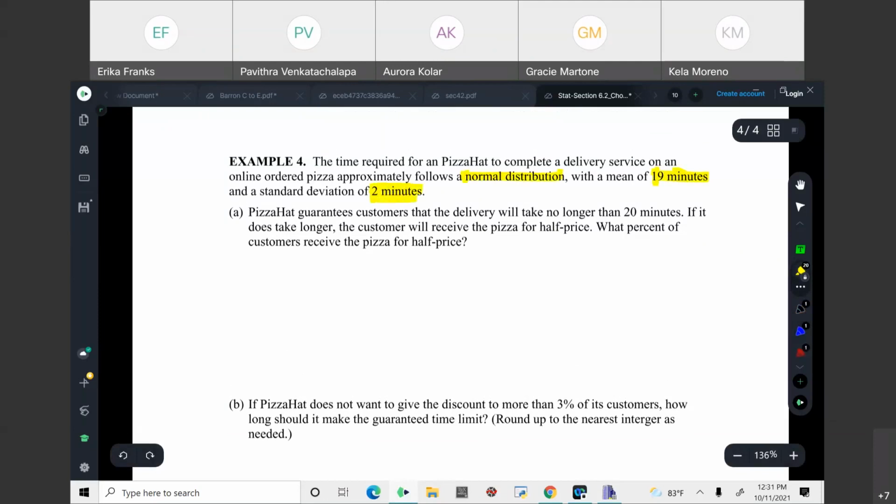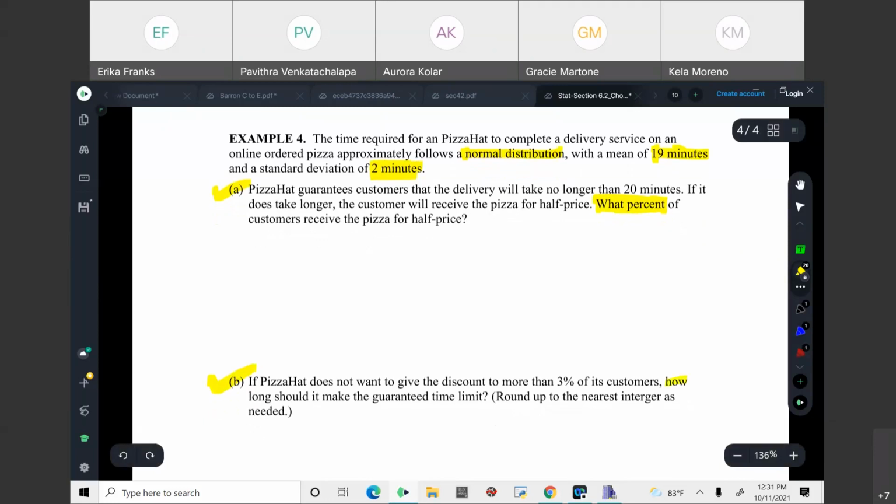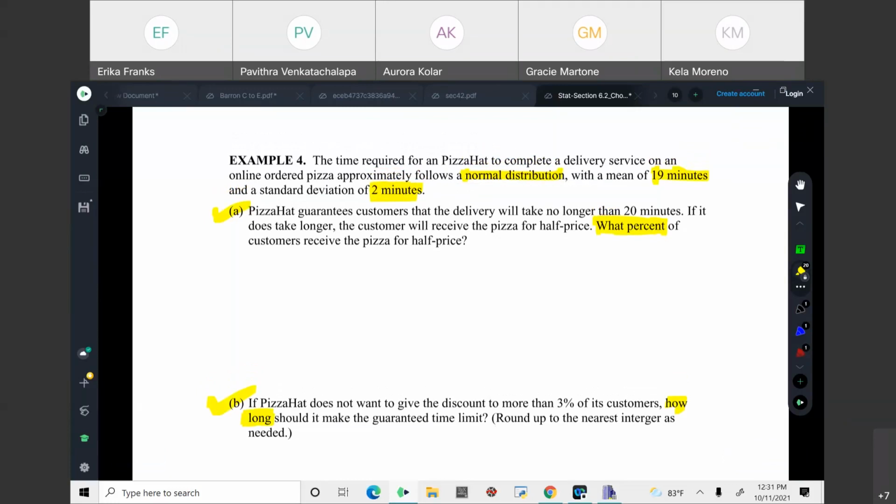Now, the only thing which is varying is given in sub questions A and B. In A they are asking you to find the area. What percent? That means area, right? How long? That means it is a score. So here we are finding area.